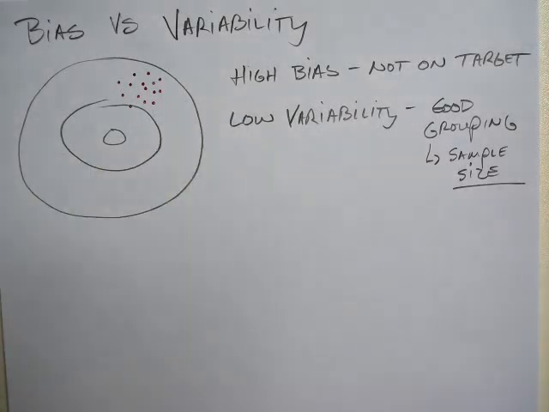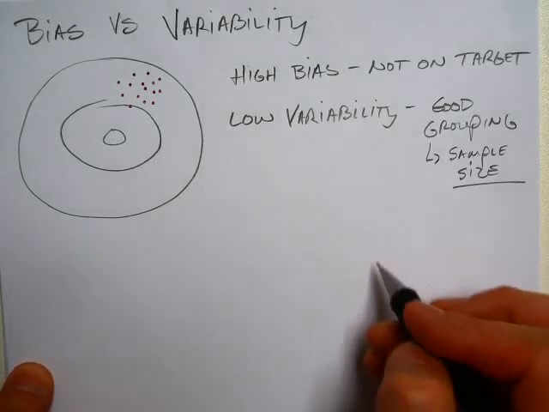Where does the bias come from? Well, we just did some questions on bias, right? So your bias can come from the way something's questioned, who's asking the question, things like that, right? So we should know a little bit about bias. Variability, that's kind of the new thing.